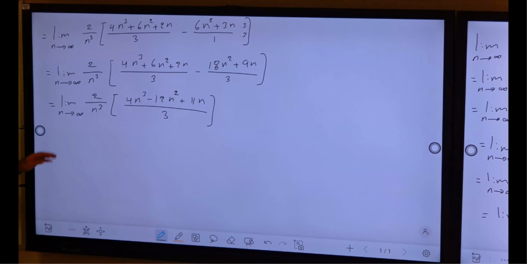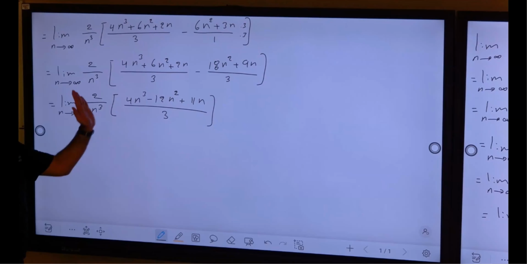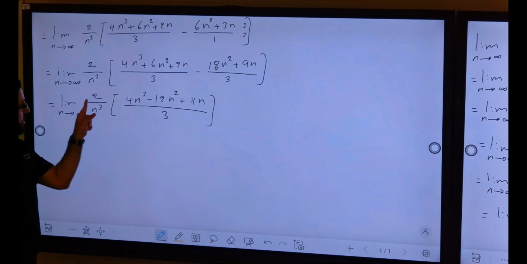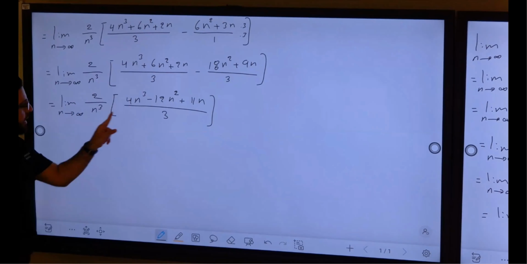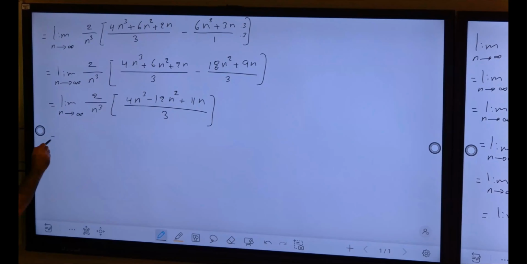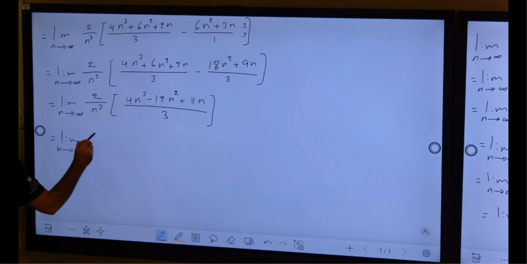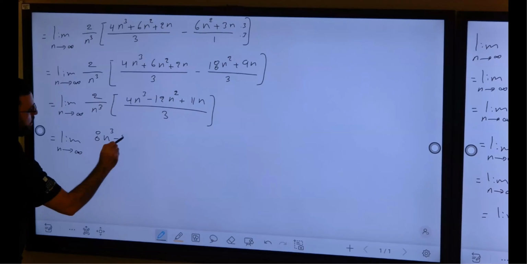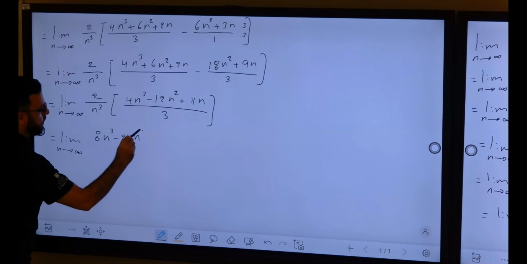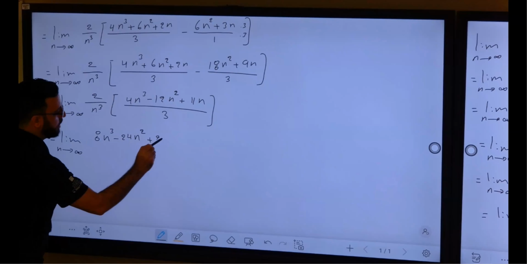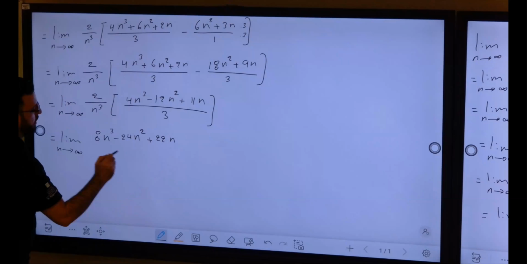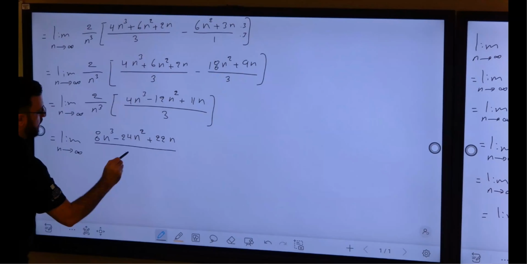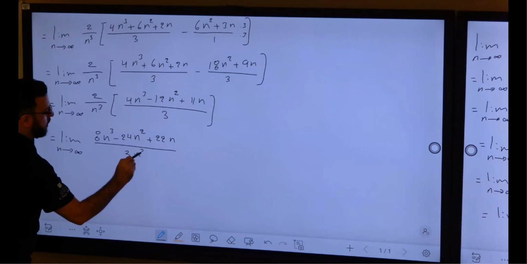Now what we're going to do is multiply, distribute. So this one multiplies by 2 and n cubed by the 3. So it's going to be the limit as n approaches infinity of 8n cubed minus 24n squared plus 22n, divided by 3n cubed.